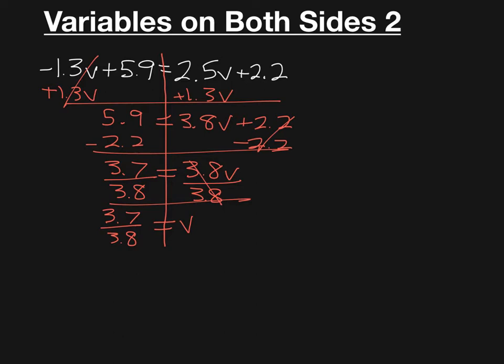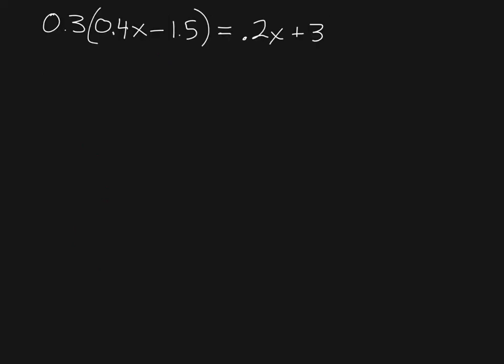But we never want to have a decimal in a fraction, so I'll multiply the numerator and the denominator by 10, because that will move the decimal to the right one space on each of them. So I'm going to get v equals 3.7 times 10 is 37, 3.8 times 10 is 38. And since I can't simplify that fraction, this is my answer. V equals 37 over 38.